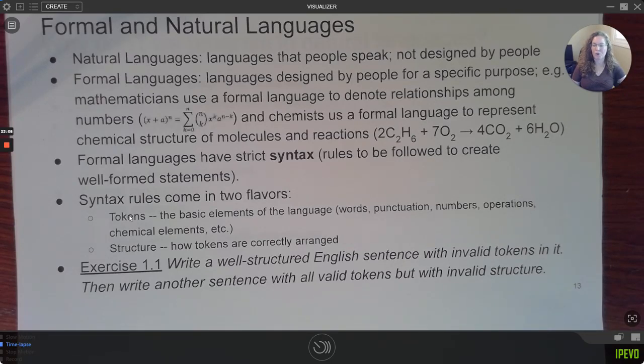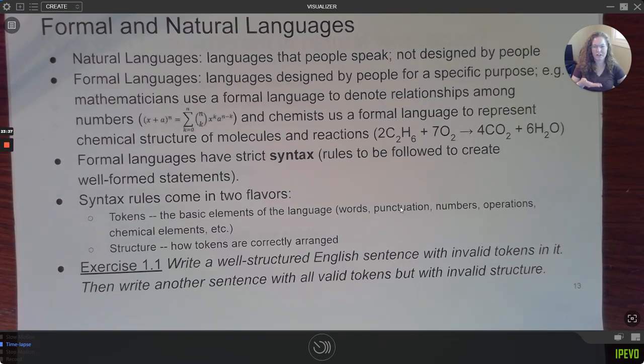Okay, so we have tokens, but then we do have to string them together to make a statement, and that also must be done in a certain way. That's the idea of structure. That's how the tokens are arranged together to make a correct statement. You can't just take words and punctuation and randomly put them however you want and expect that to be an English sentence, right?